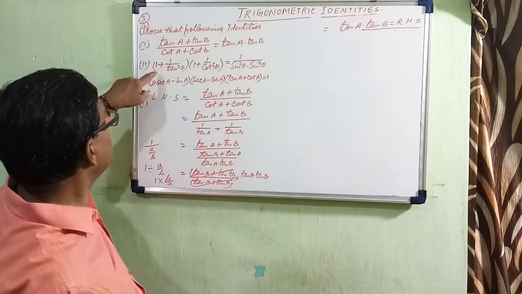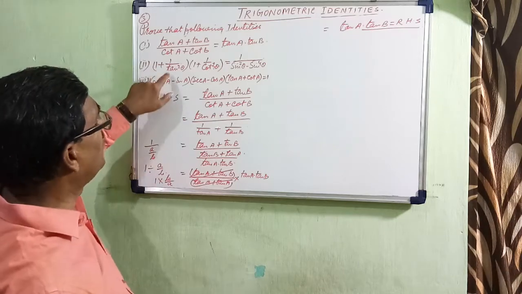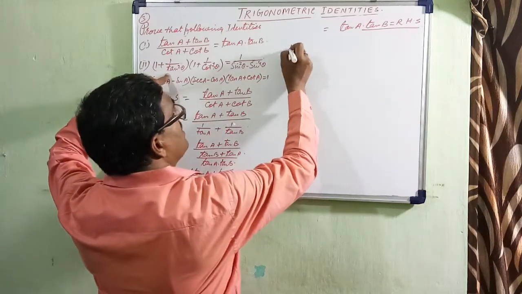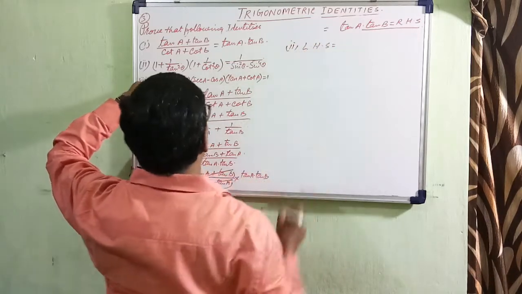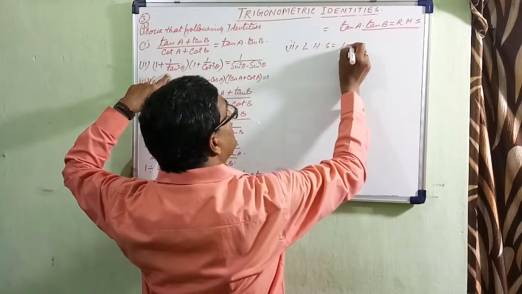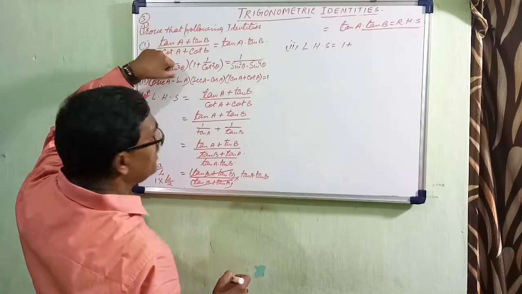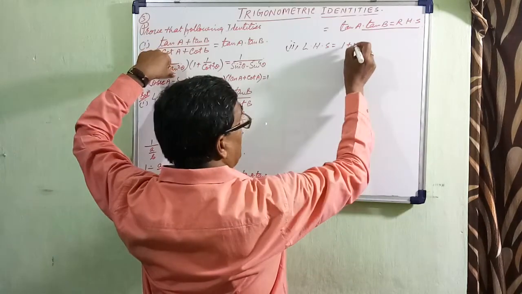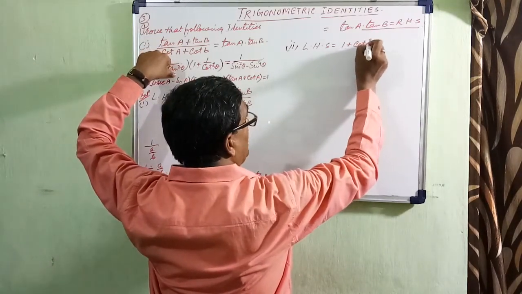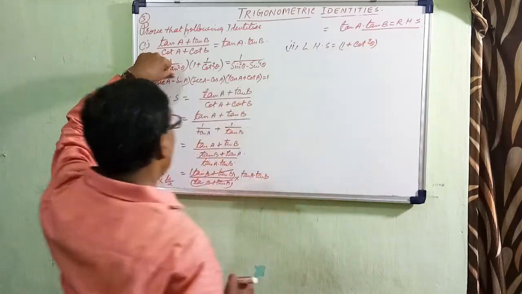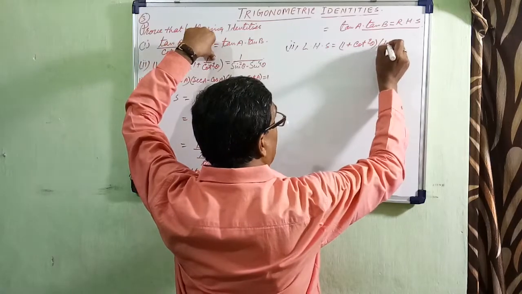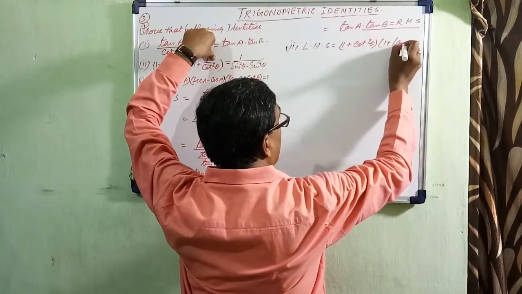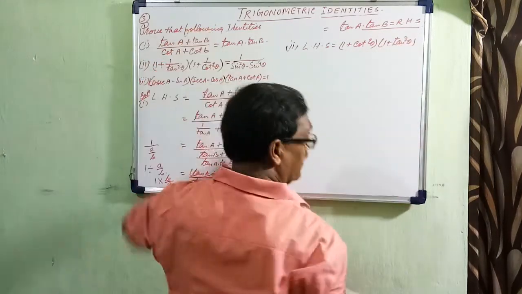Now let us discuss the second one. Second one, again you take LHS. Now 1 plus 1 by tan square theta, can it be written as cot square theta? And 1 plus 1 by cot square theta, will it be written as 1 plus tan square theta?